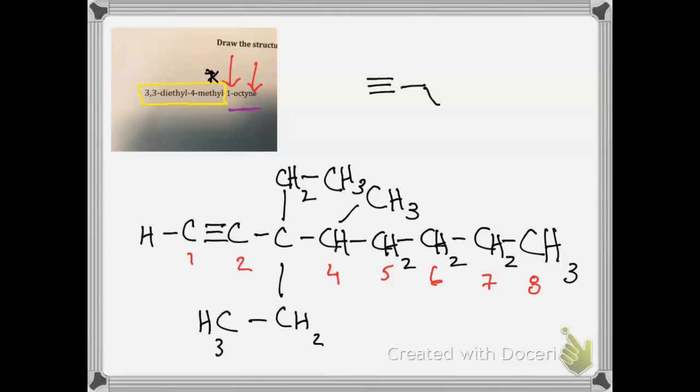So let's see, that's 1, 2, 3, 4, 5, 6, 7, 8. And then the ethyl groups you would represent in the same way. And there's another ethyl group. Okay, so just keep in mind, and I'll do this on your celebration of knowledge for today, that I'm going to primarily use just this really simple skeletal notation because it lets us be lazy.